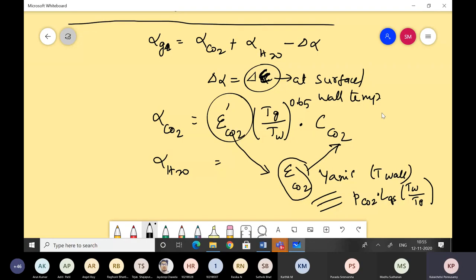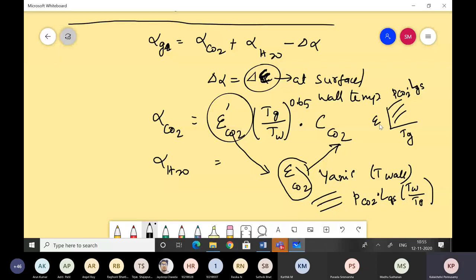So you had emissivity here, temperature of the gas here, different lines corresponding to, if it is CO2, partial pressure of CO2 into LMS, this mean beam length. Now they also say this is gas to surface, LGS, both are same, right?